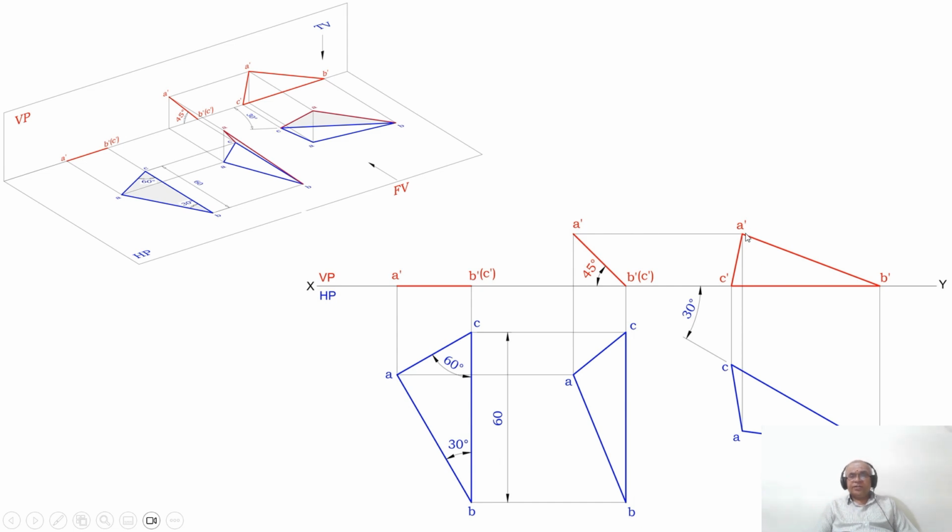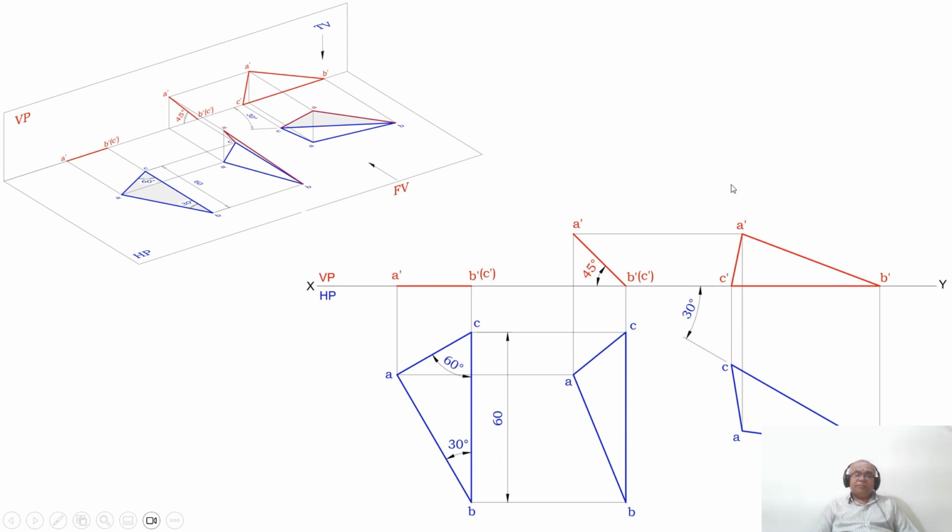Both these two lines are going to intersect at this point. You mark this point as A dash. As we joined A to B, B to C, and C to A with a dark line, you join A dash to B dash, B dash to C dash, and C dash to A dash with a dark line. So this is how you will be able to complete the drawing manually, and also analyze it visually.